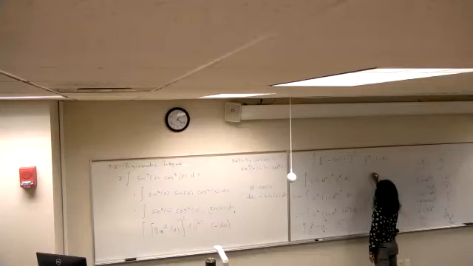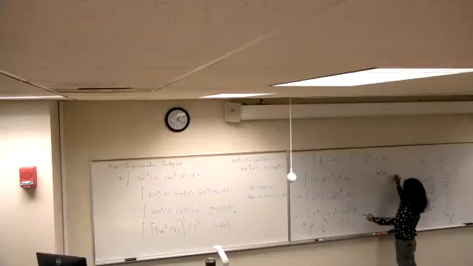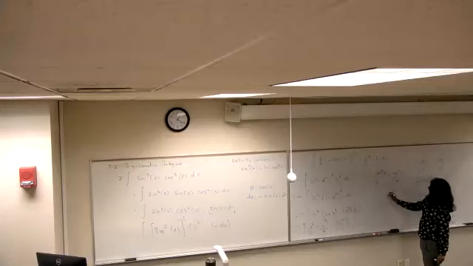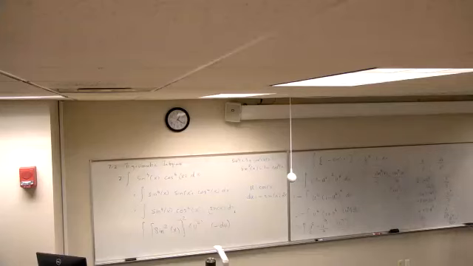So distribute the negative, you get negative cosine raised 5x over 5, negative cosine raised 9x over 9, minus 2 cosine raised 7x over 7, negative becomes positive. So that is my final answer.